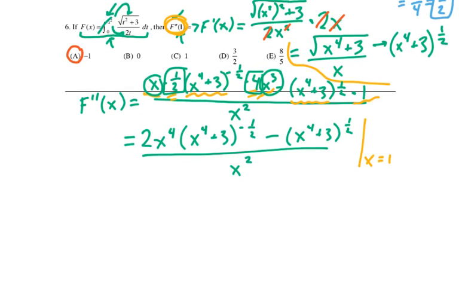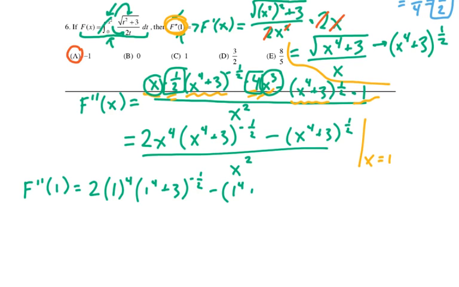Here we go. This becomes f double prime of 1 is 2 times 1 to the fourth times 1 to the fourth plus 3 to the negative 1/2, minus 1 to the fourth plus 3 to the positive 1/2, all over 1 squared.